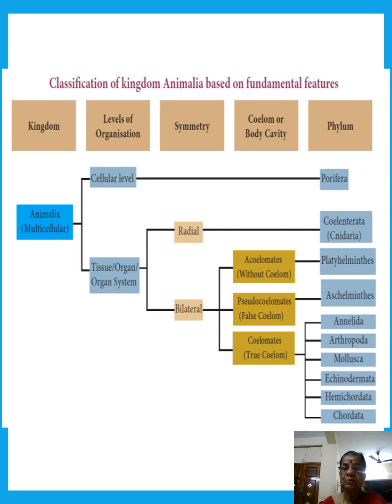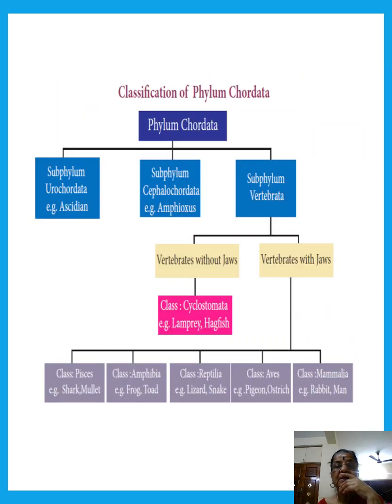Okay, then we'll go to the next, phylum Chordata. Subphylum Urochordata, example Ascidian. Subphylum Cephalochordata, example Amphioxus. Subphylum Vertebrata is again divided into vertebrates without jaws and vertebrates with jaws.